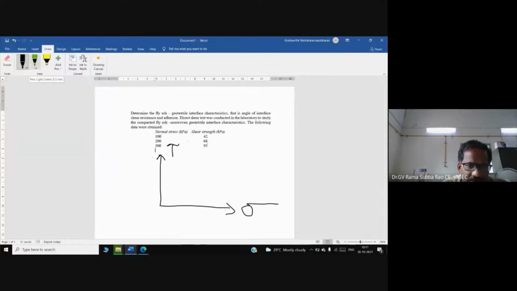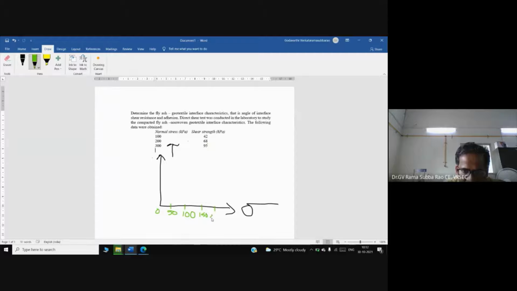Now it is time to select a suitable scale. You have 0, 50. So what I am doing here is taking 50 kilopascal as 1 centimeter on the x-axis, that is normal stress.